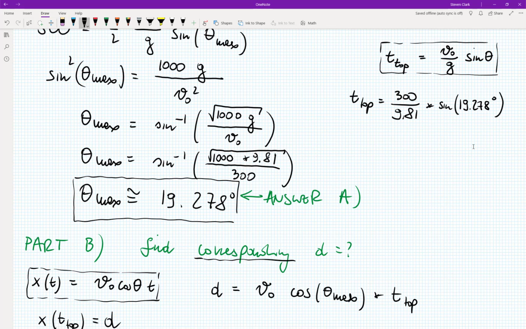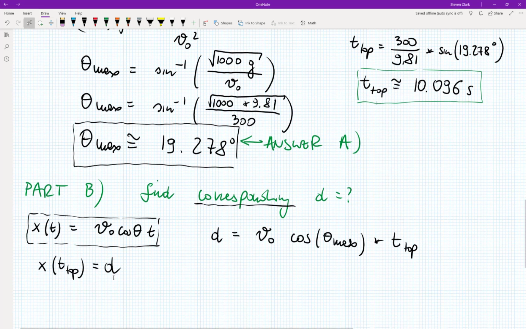If you grab your calculators, you will obtain that t top is approximately 10.096 seconds.